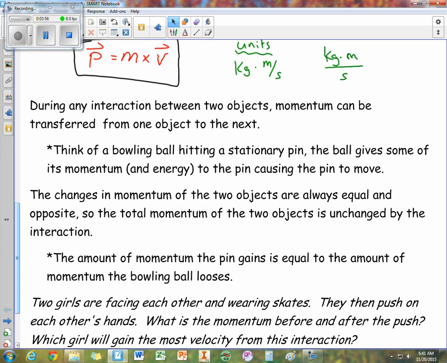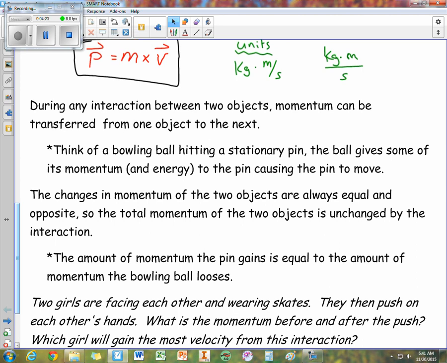So the pin is going to gain some velocity, which means the bowling ball must lose some velocity. That's simply because momentum is mass times velocity. We can't change the mass of the bowling ball or the pin, but we can change the velocity.